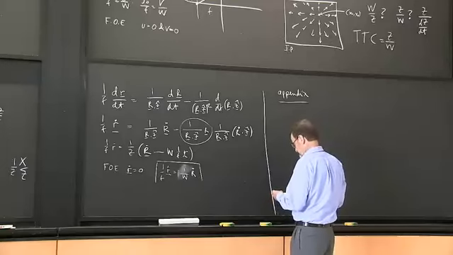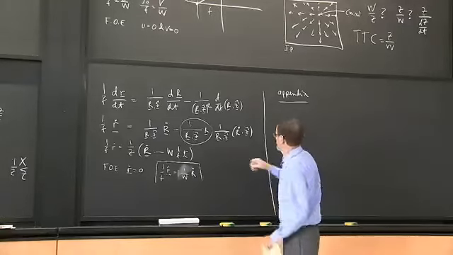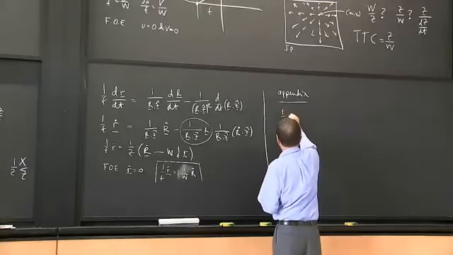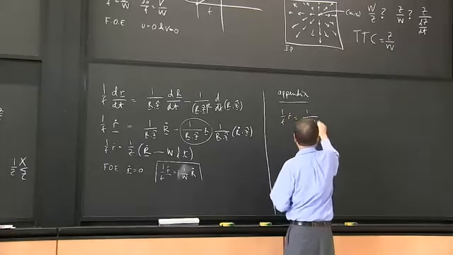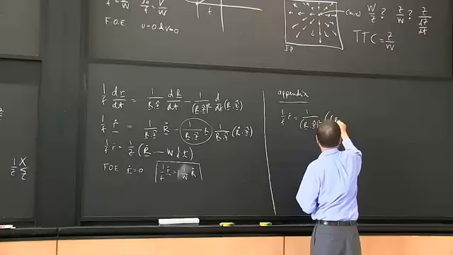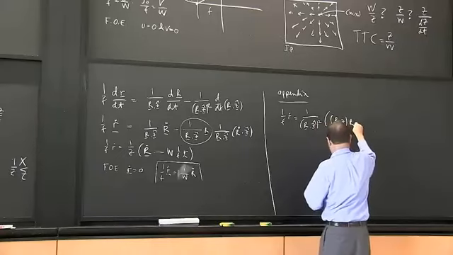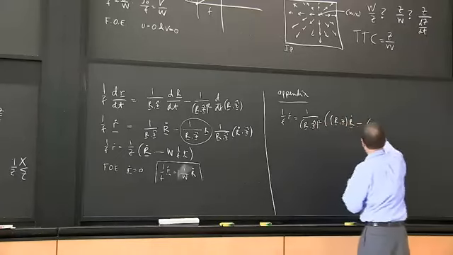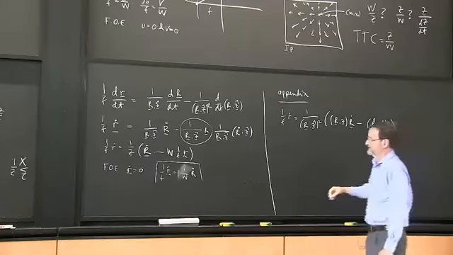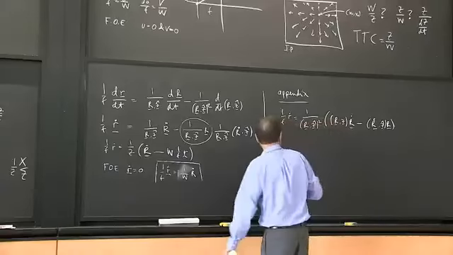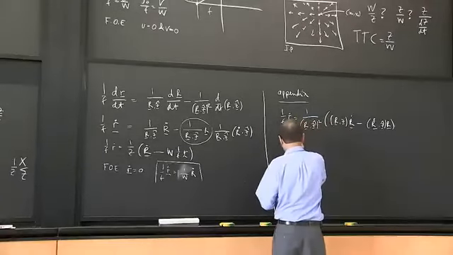Okay, so let me first transform this one more time. So we go. Okay, that's just rewriting this. And now we use a result.